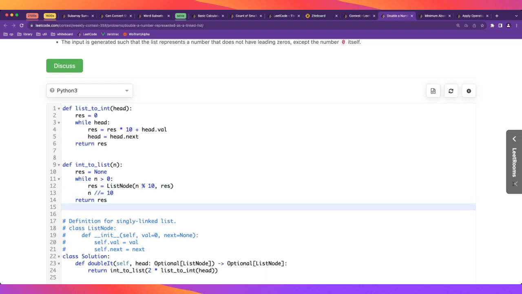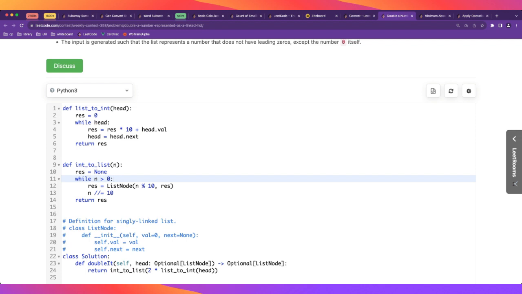But there is a catch here. Like I said, we needed to take into account the edge case where n is 0, because the condition of the loop is that n has to be greater than 0. If it's 0, we are going to return None, an empty list, and that's not what we are expected to return. And this is unavoidable because the leading zeros only matter in that special case.